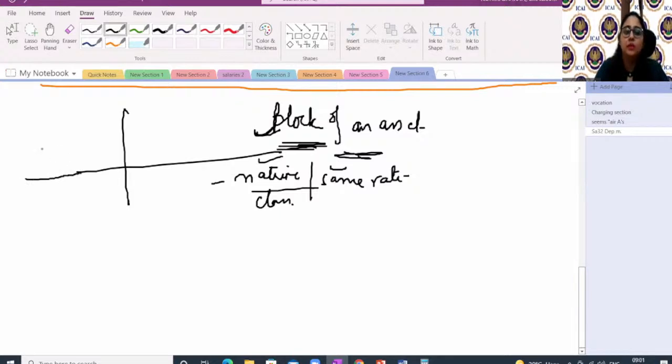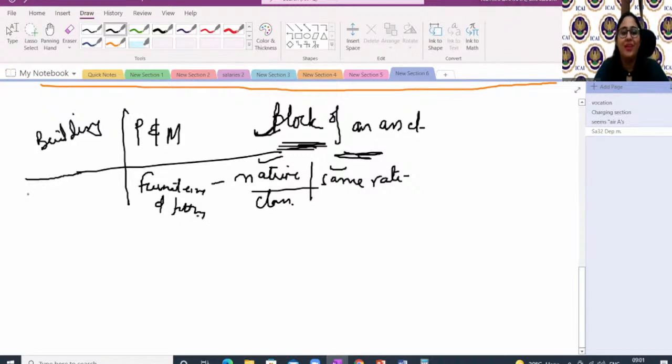One is building, one is plant and machinery, one is furniture and fittings, and one is intangible assets. I'll repeat, these are the major classes given: building, plant and machinery, furniture and fittings, intangible assets. Other than these, there is no other class for income tax.